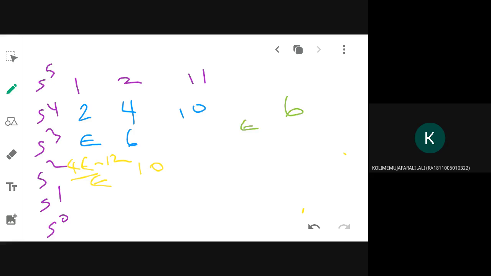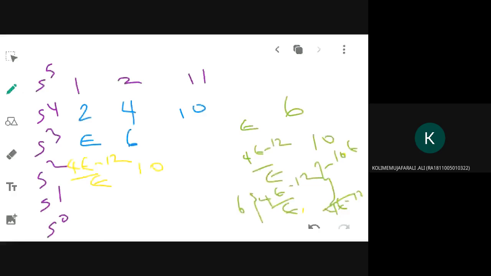Epsilon 6, 4 epsilon minus 12 divided by epsilon, 10. Solve it. You will get 6 into 4 epsilon minus 12 divided by epsilon minus 10 epsilon, divided by 4 epsilon minus 12 divided by epsilon. That you have to replace here.